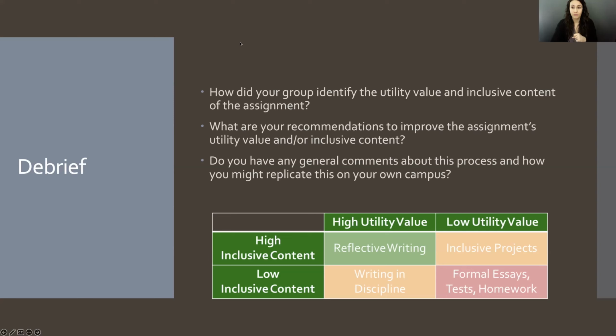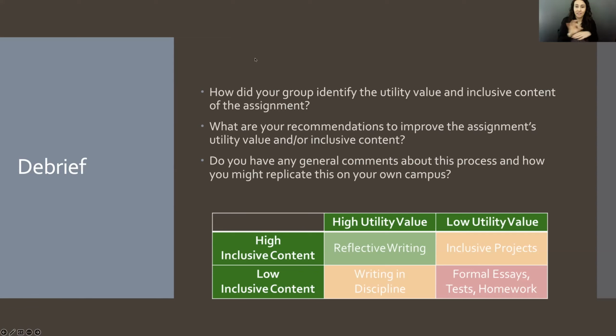So I think I was volunteered to speak for group 1. Thanks. I was in group 1 with Denise, Enid, and Christy, and we had a really great conversation. We found our English assignment to have both low utility and low inclusive features.